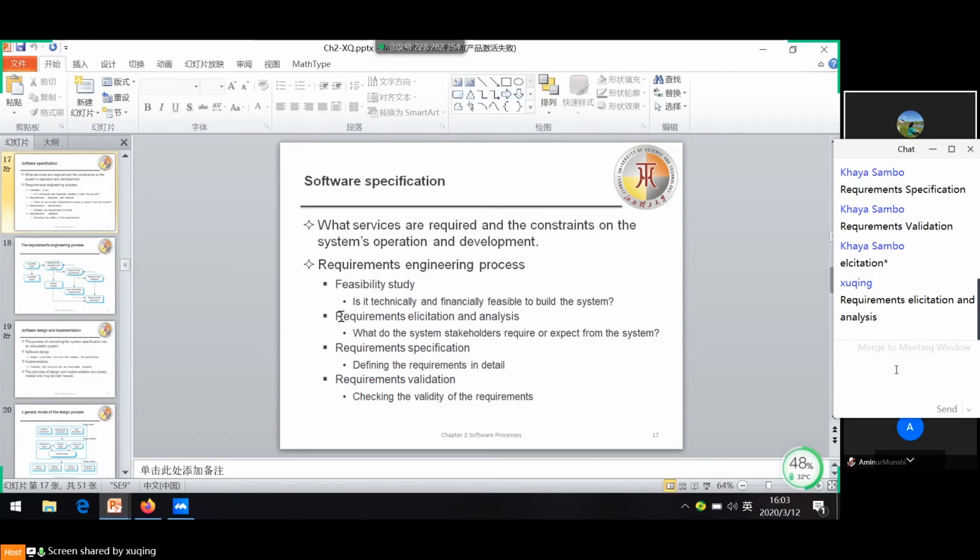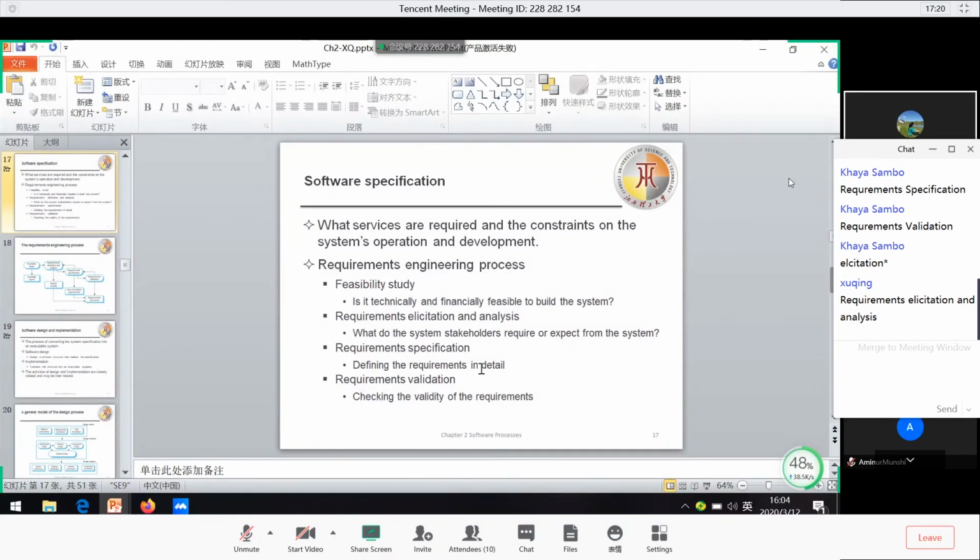The second activity is the requirements elicitation and analysis. We may ask the question, what do the system stakeholders require or expect from the system? Here we discover the requirements. Then we continue with the requirements specification to define the requirements in detail.